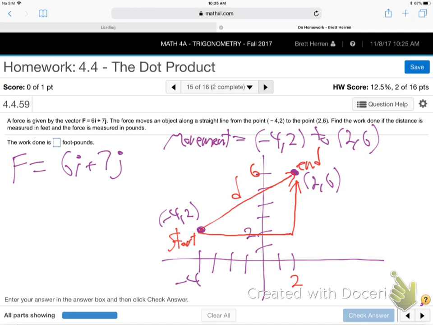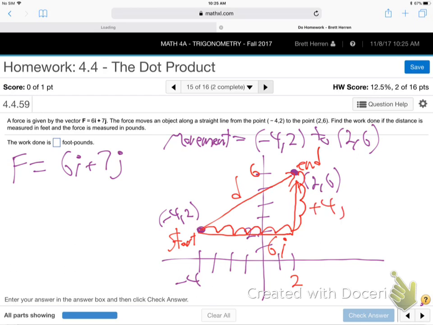6, right? We good? Starting at negative 4, getting all the way to positive 2. 6 jumps to the right. 1, 2, 3, 4, 5, 6 to the right. So that's 6i. And how far up is it? 1, 2, 3, 4.